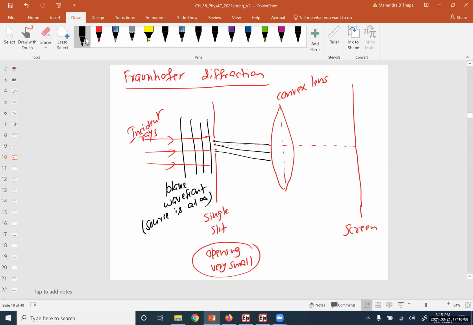After refraction through the lens, they all meet at some point. In this case, this is the focal length for the lens. We'll use this concept to explain the spectra we get in the Fraunhofer diffraction.